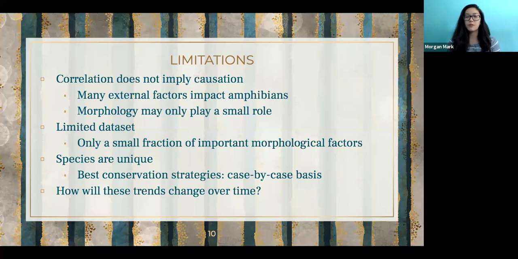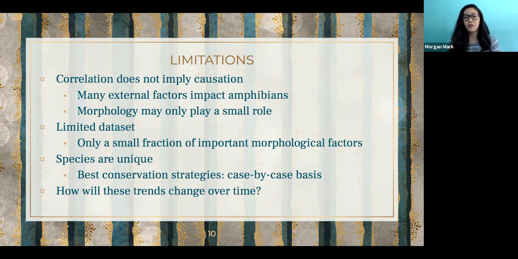And this segues perfectly into the limitations of the study: correlation does not necessarily imply causation. Even though we found general overall trends for amphibians, and a seemingly very nice positive correlation between maximum lifespan and other morphological parameters, there are many other factors that could affect amphibian survival, reproduction, and ultimately conservation status.